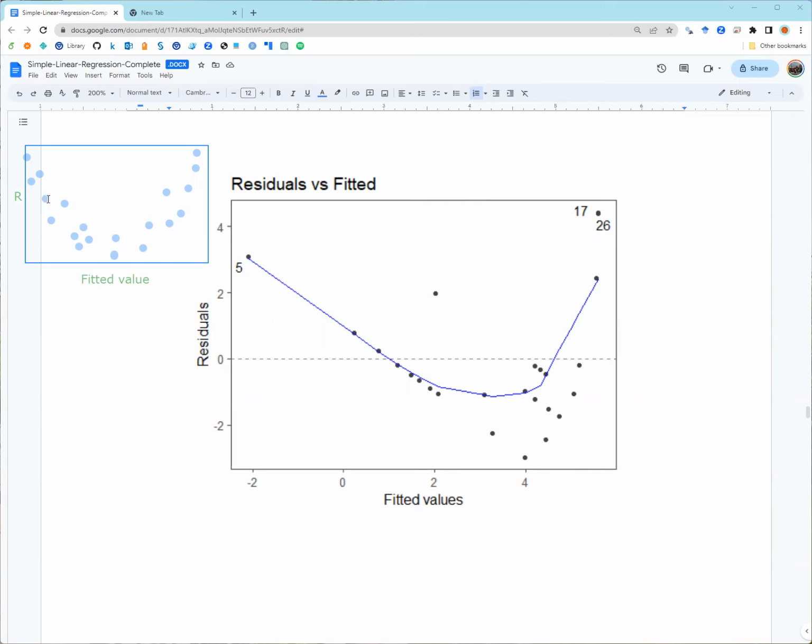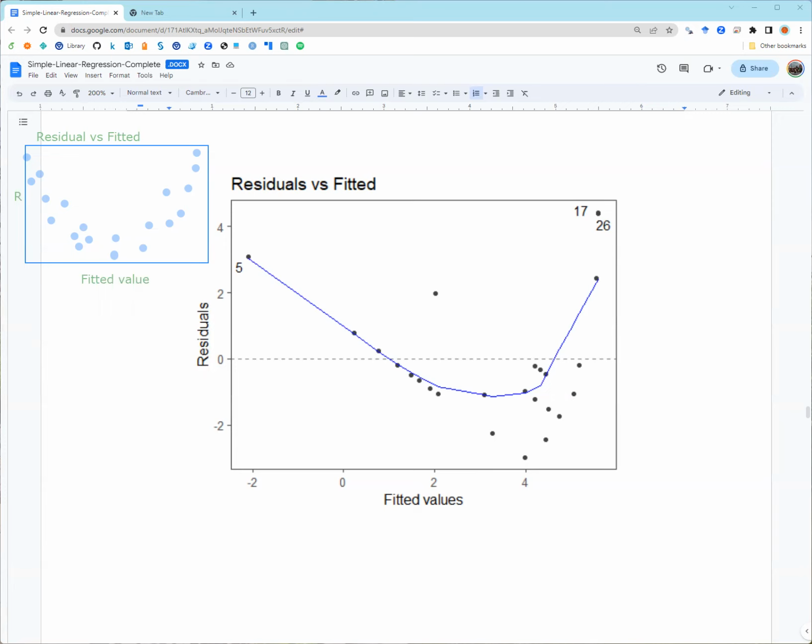It's a nonlinear relationship, but they're related to each other. If this were the residual versus fitted value plot, this would violate the independent errors assumption.